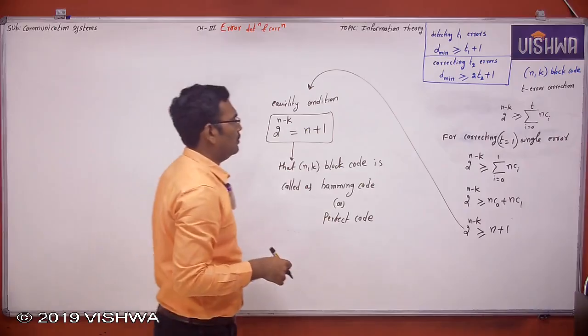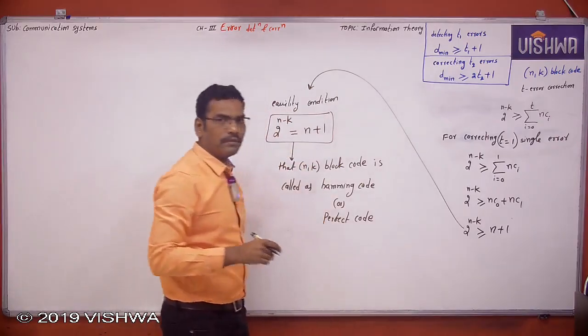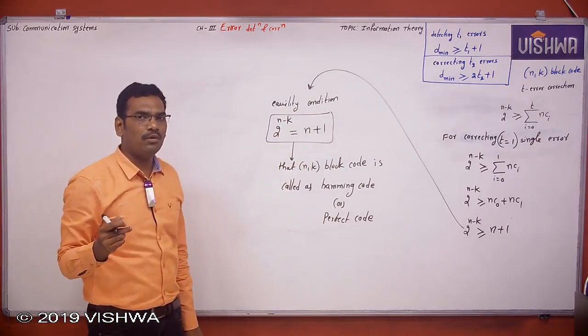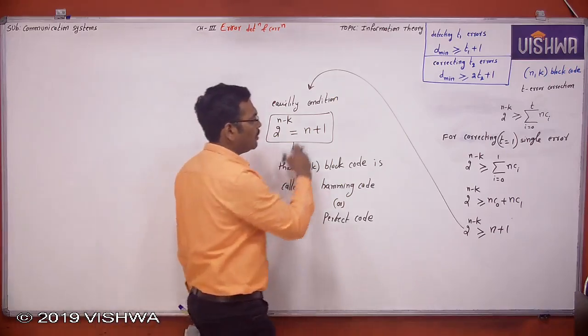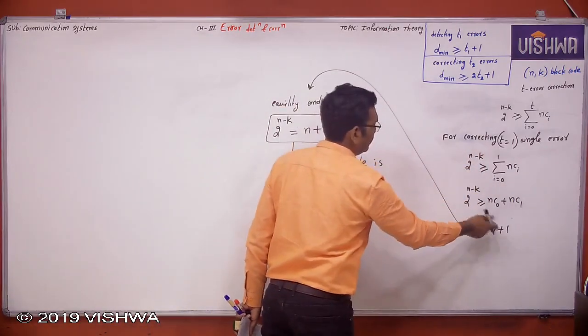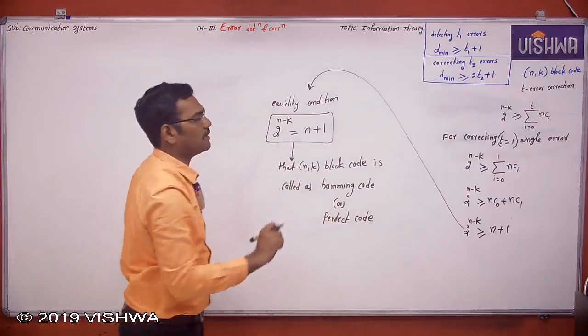Clear or not? So whether it is a Hamming code or a perfect code, you can identify by using single error correction. In that, you can check whether the equality condition is satisfied or not.